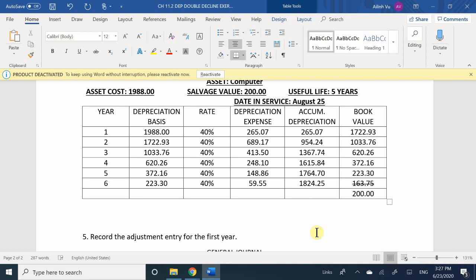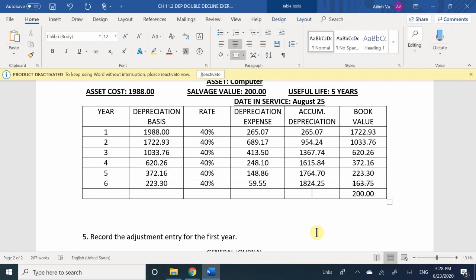Well, I was doing 200 minus the 163.75 that we had, and that gives us $36.25. So we don't reduce the accumulated depreciation going backwards, so I guess we couldn't do that.